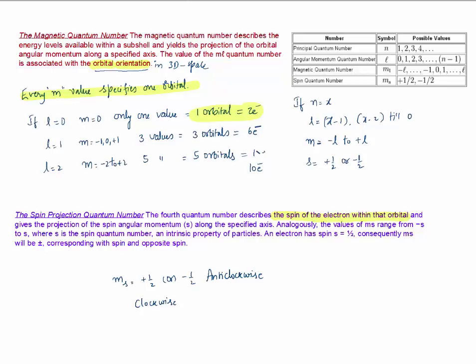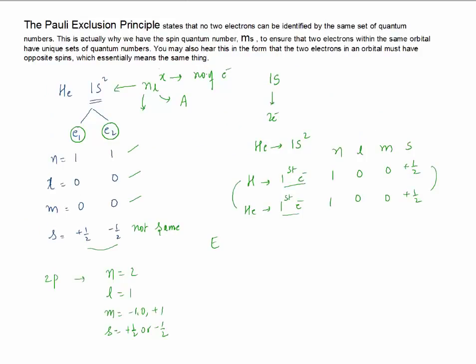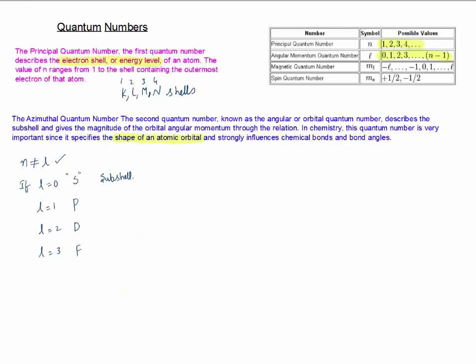Hope you understood the significance of quantum numbers and their application. What we have done is, we have seen first the principal quantum number, which is represented by n.